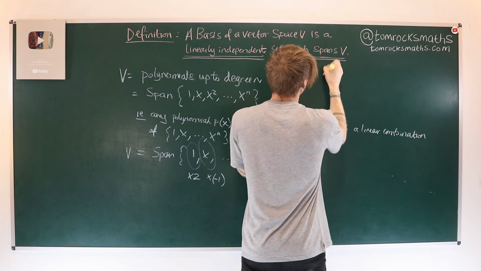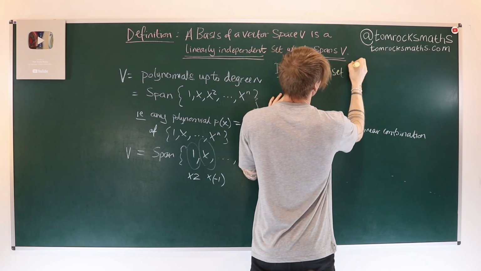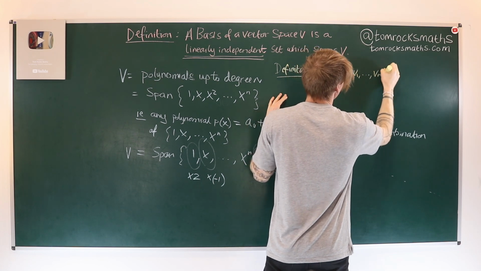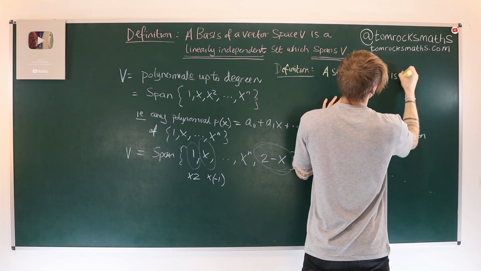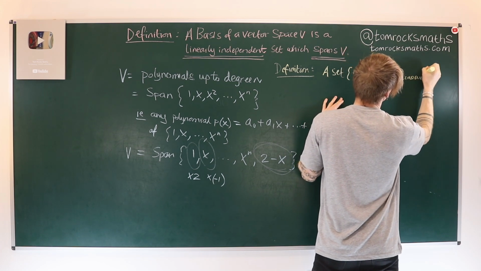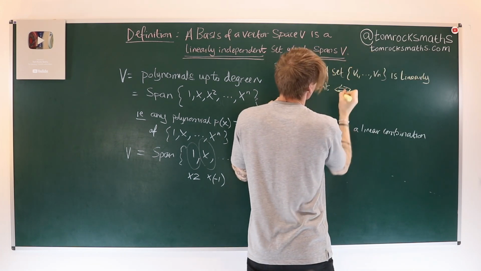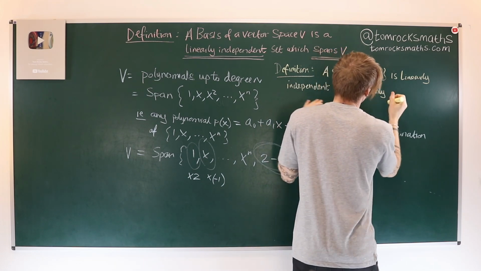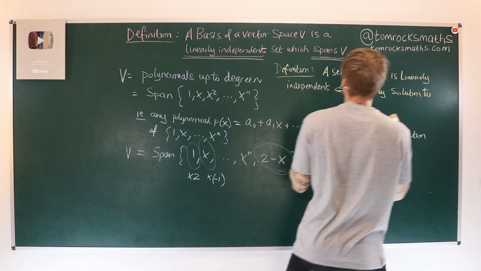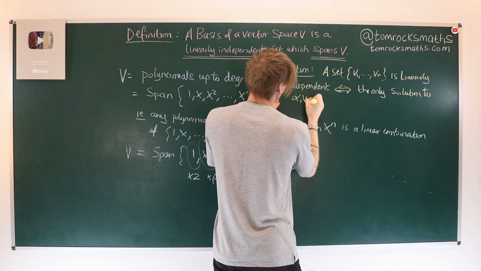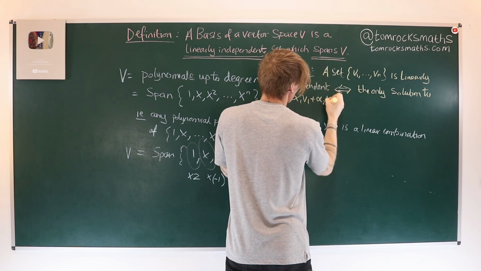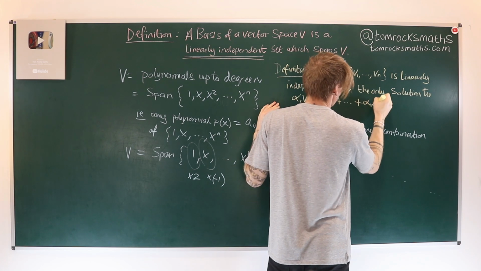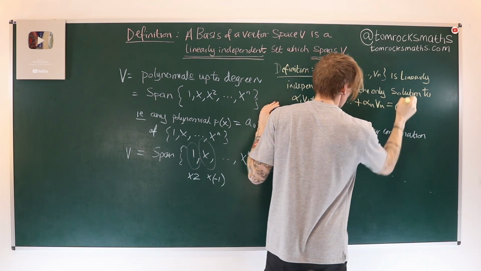So we say a set, and let's call it v1 up to vn, is linearly independent if and only if the only solution to alpha 1 v1 plus alpha 2 v2 plus ... plus alpha n vn is equal to 0.